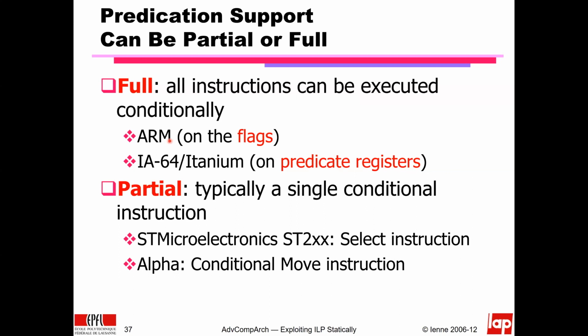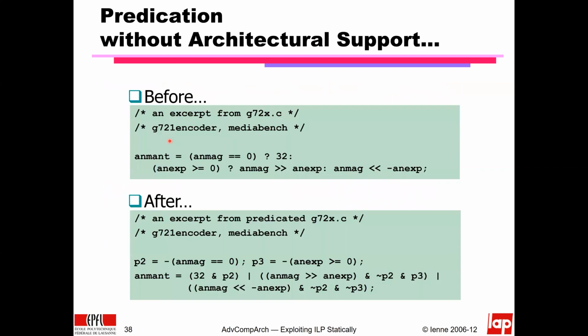Whenever you do a comparison, a bunch of flags get set, or when you do a computational instruction, depending on what it is, it may set some of the flags. And then any instruction can say, if the flag is 0, do this, right? Again, the if is inside the instruction. Essentially, do it and then commit it to the register if the flag is positive.